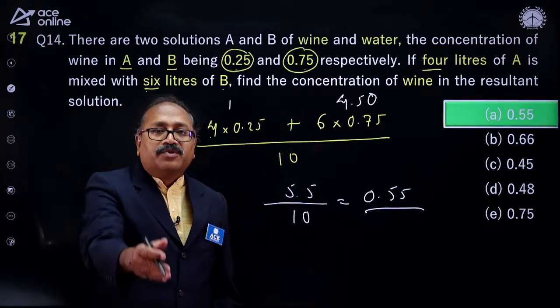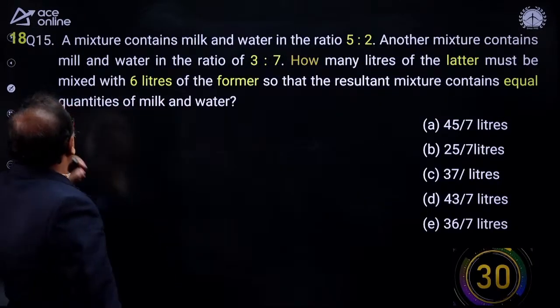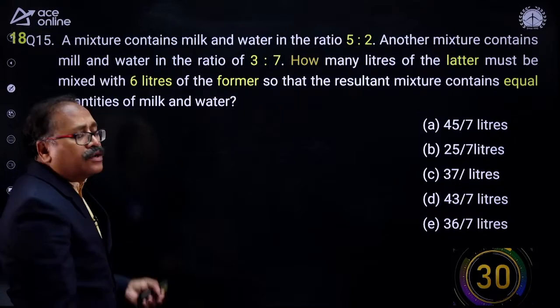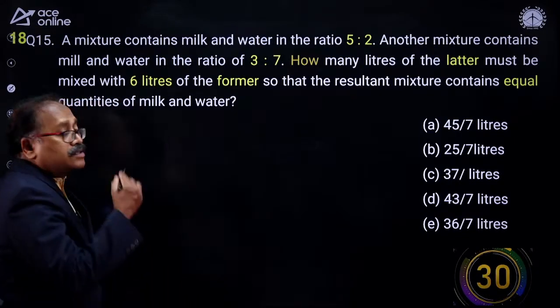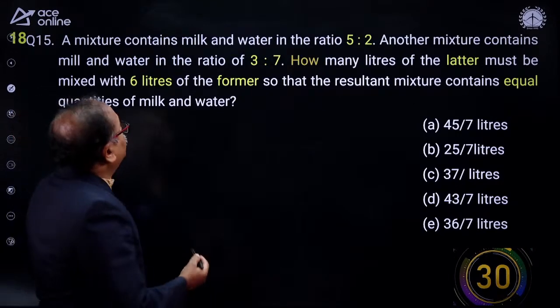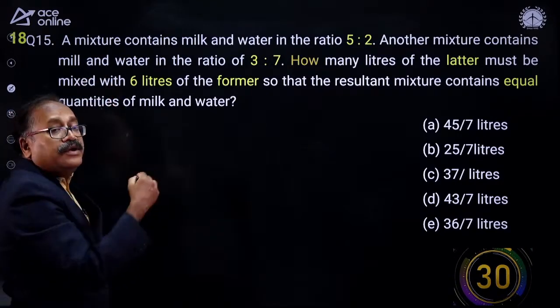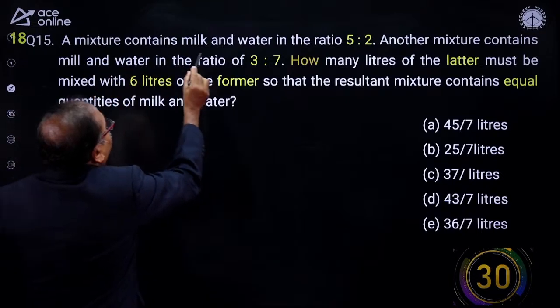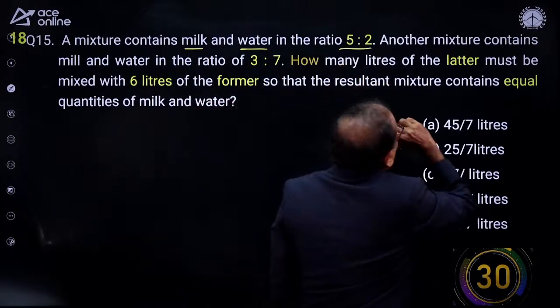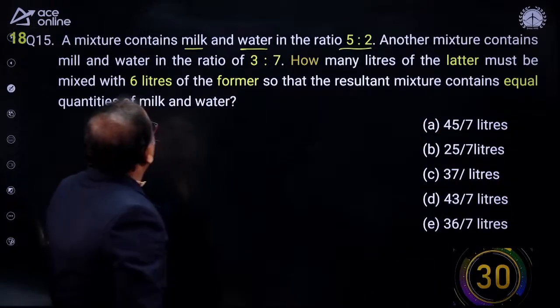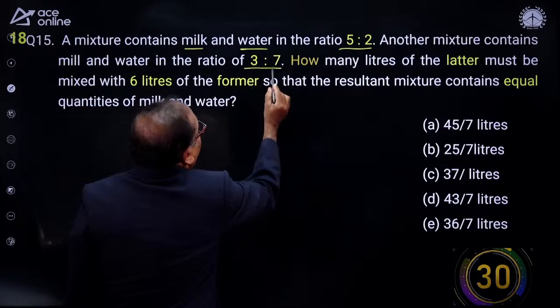The next question on the board here. Answer it. I have to share a lot of questions with you. So please keep attending the class, and then the second round of the same topics will be repeated with different types of questions, right? So a mixture contains milk and water in the ratio of 5:2. Another mixture is 3:7.